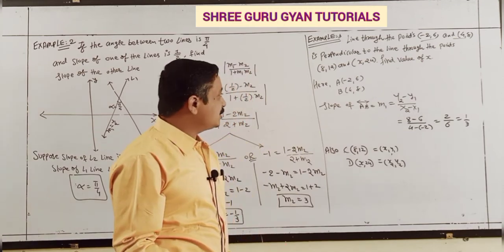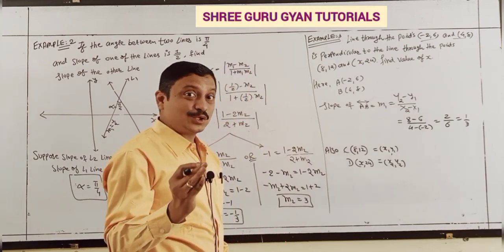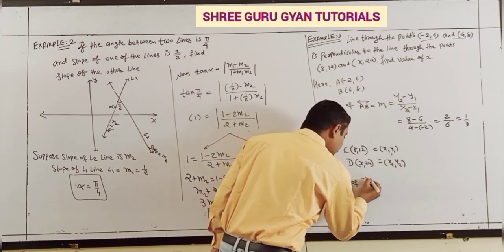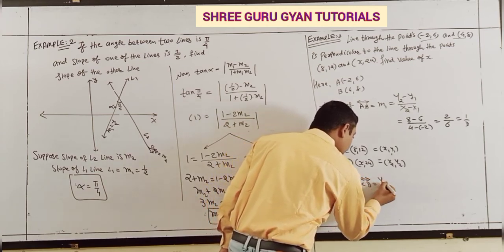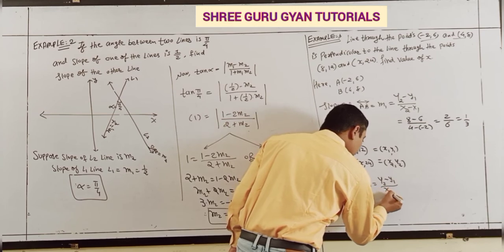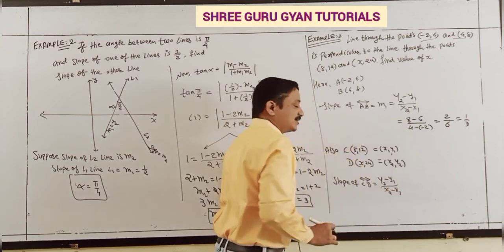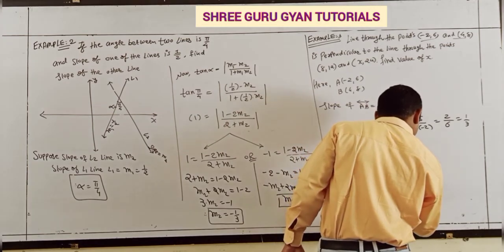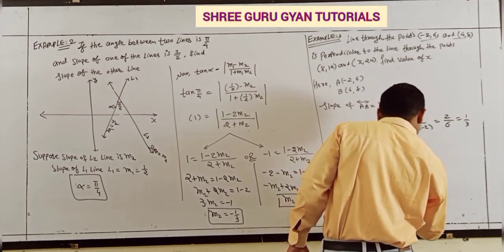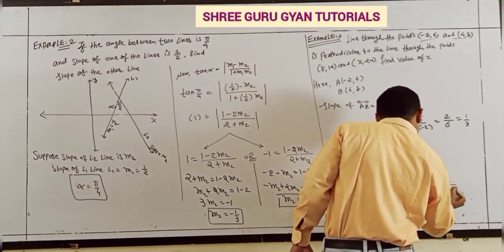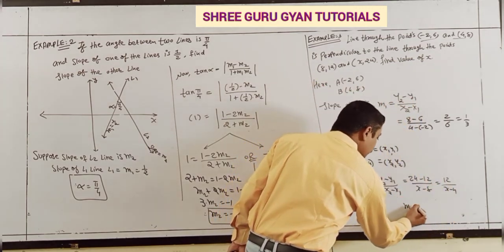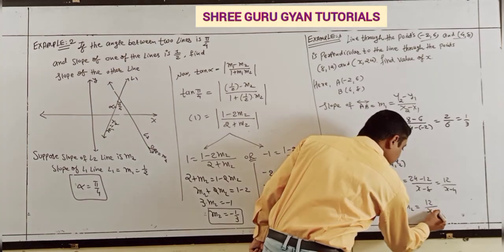The slope of line CD is y2 minus y1 by x2 minus x1, so 24 minus 12 by x minus 8, which gives 12 by x minus 8. That is your slope M2.